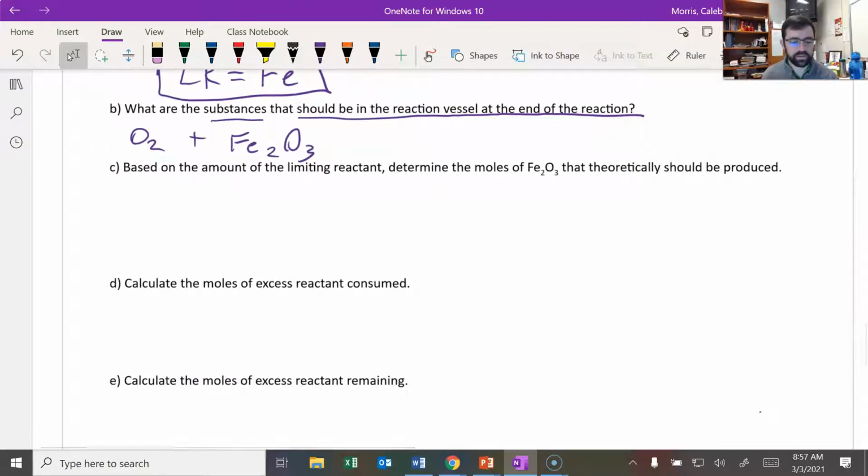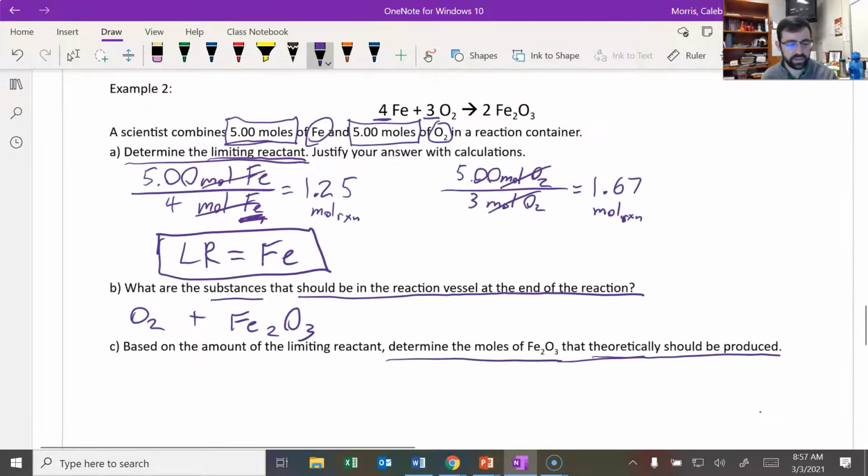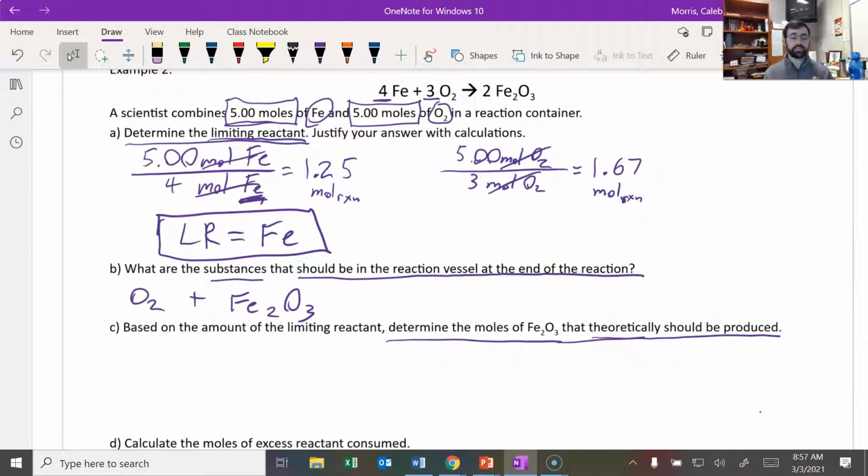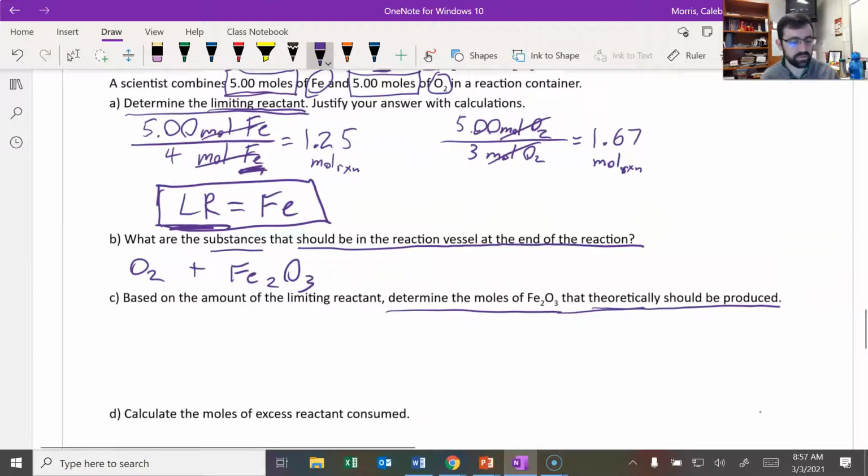Based on the amount of limiting reactant, determine the moles of Fe2O3 that can theoretically be produced. So what should be produced, what's our theoretical yield, is the technical term for it. Well, I always am going to start with one of my givens. I need to use the limiting reactant, always. So we're going to do 5.00 moles of Fe over 4 moles of Fe.